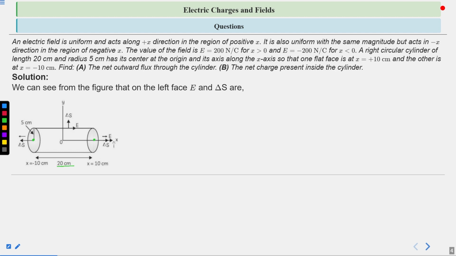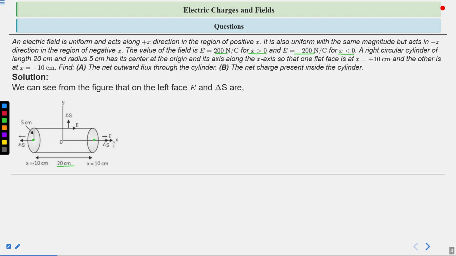Now the value of E is equal to 200 Newton per Coulomb for x greater than 0, meaning from the origin towards the positive x axis, and E is equal to minus 200 Newton per Coulomb for x less than 0, meaning the negative x axis.